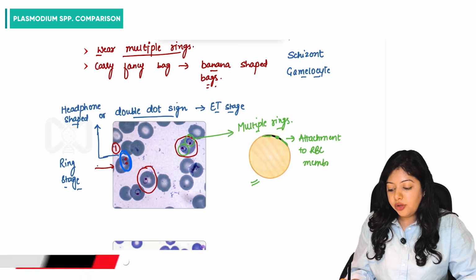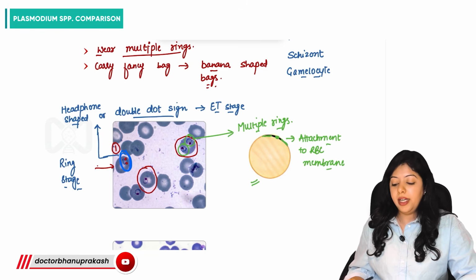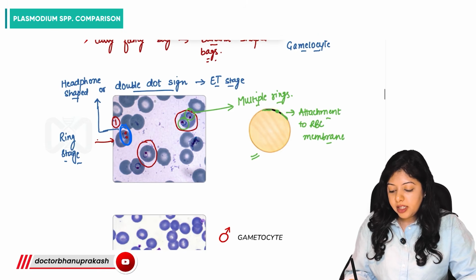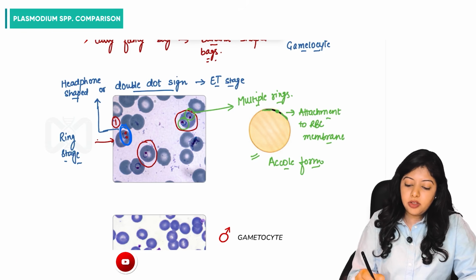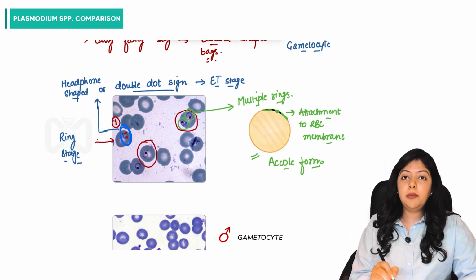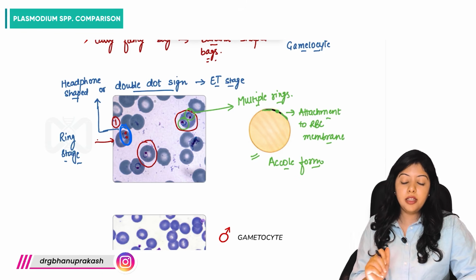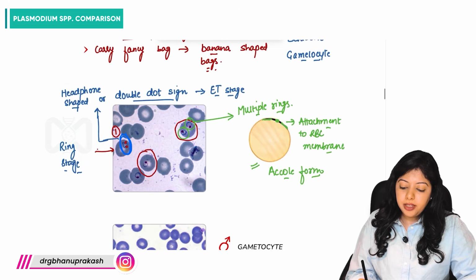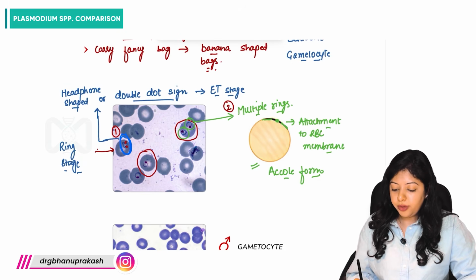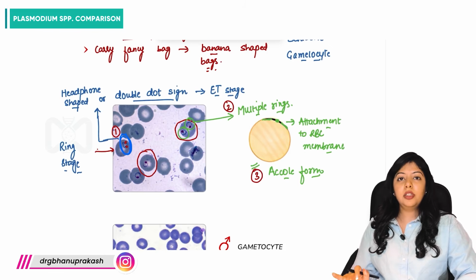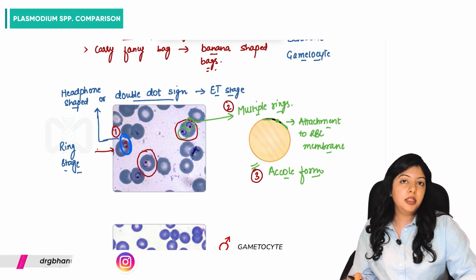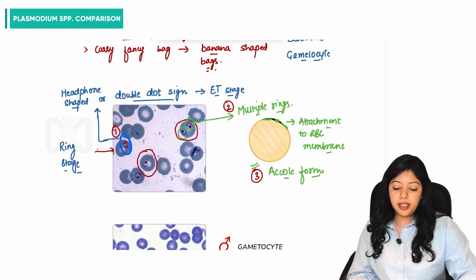And what form do we call it? It is a coliform. So did we see three things here? Double dot sign or headphone shaped trophozoite ring, then multiple rings, then a coliform. We saw three things for the trophozoite stage, right?